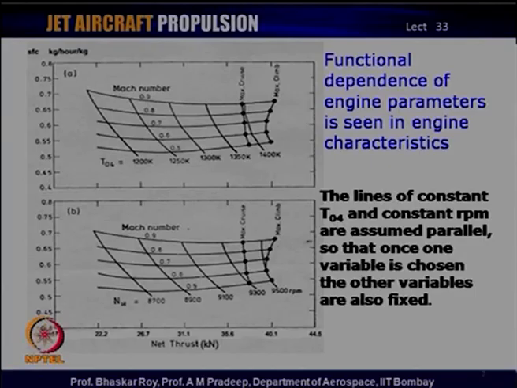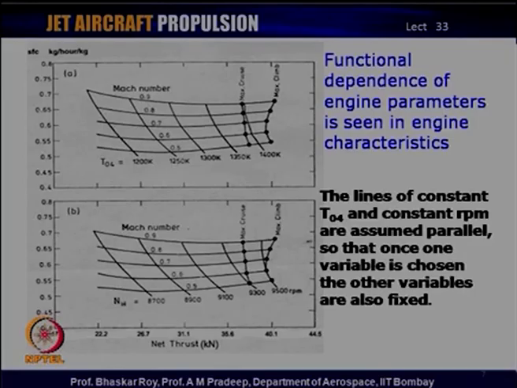Now, what this picture shows is that the lines of constant turbine temperature and the constant speed in the upper and the lower diagrams can be considered to be essentially parallel to one another, and if that is accepted, then once one variable is chosen, the other variables are also fixed.